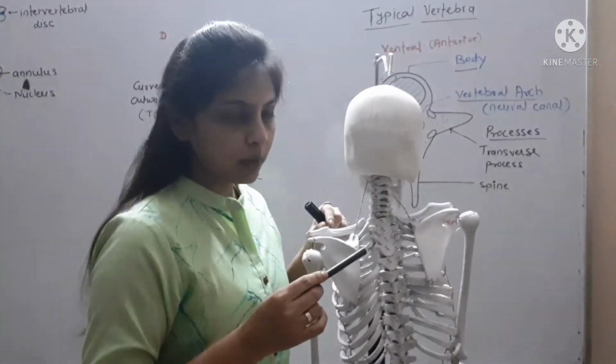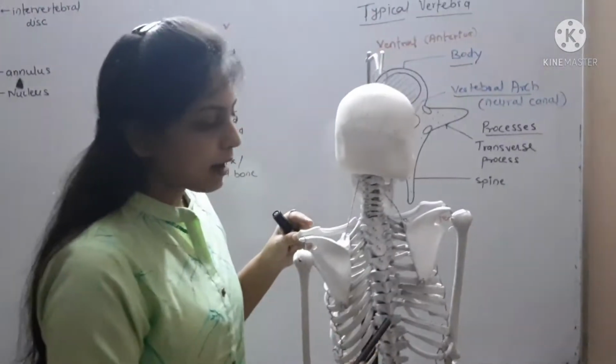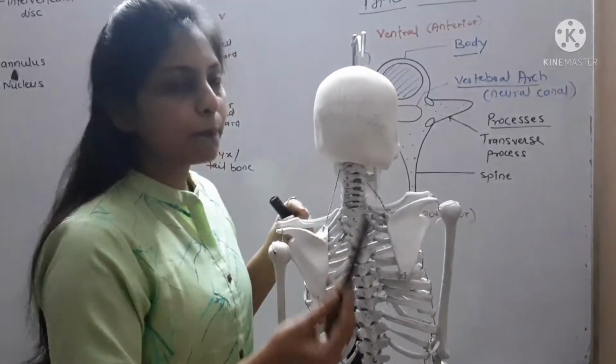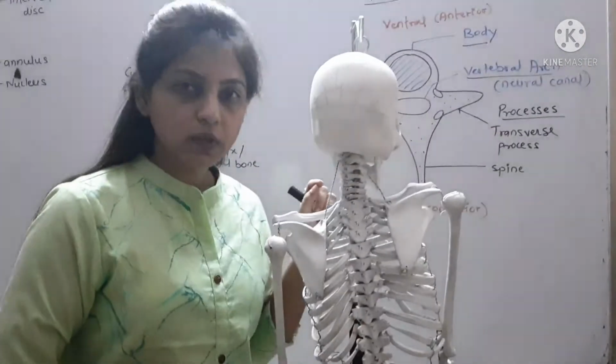Because of this arrangement, we can move our back in the forward direction, backward direction, or in a twisted manner.